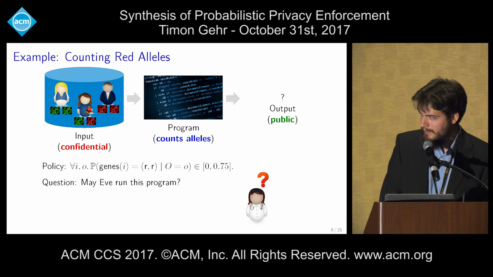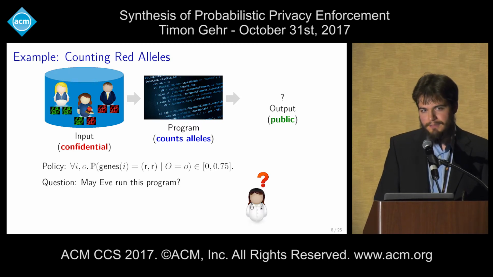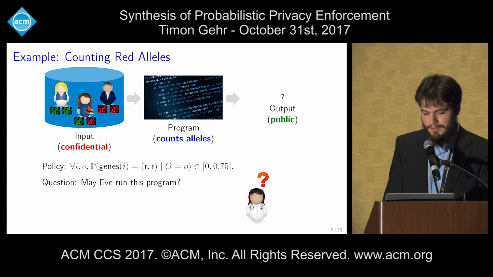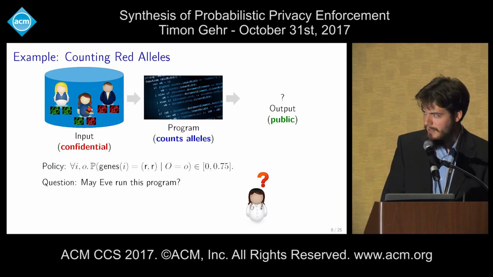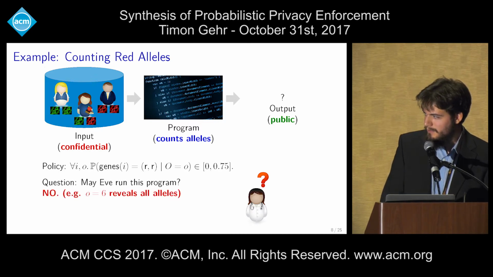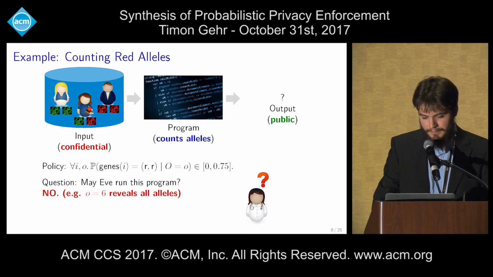So here is a more realistic example. Now Eve just wants to know how many red alleles are in the database. And the policy is also a little bit more realistic. Now not only Bob is concerned, but actually everybody in the database wants their data to be protected. In particular, we don't want to have a posterior of larger than 75% on the event that some of the persons has 2 red alleles.